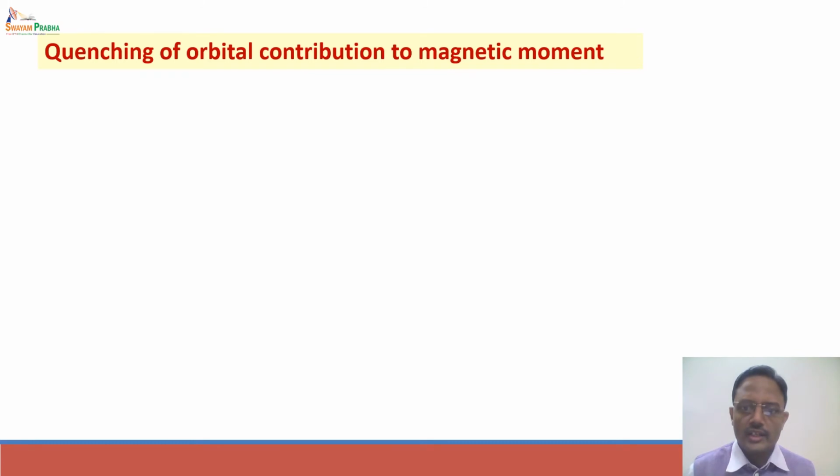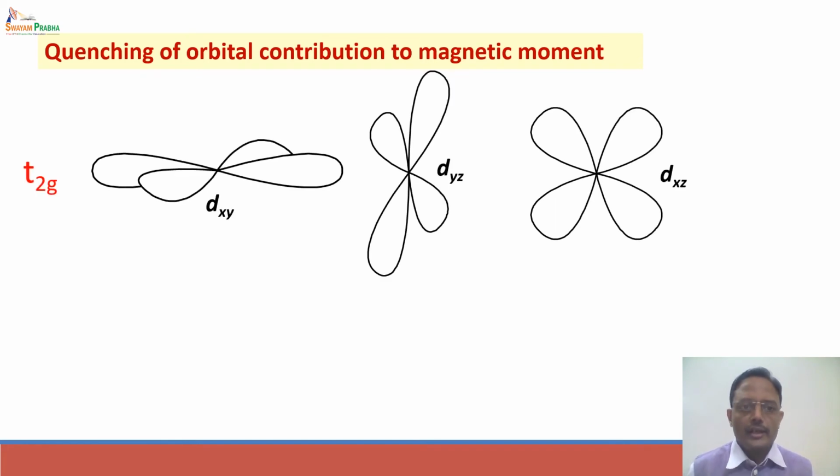Now let us consider the shapes of various d orbitals. We know that t2g orbitals are dxy, dyz and dxz. This dxy orbital is in the xy plane, dyz orbital is in the yz plane and dxz orbital is in the xz plane.